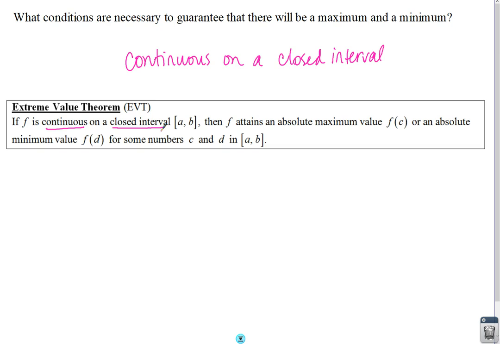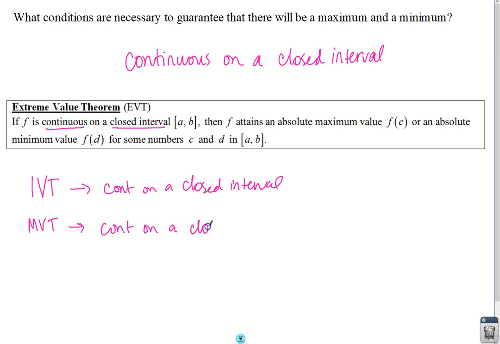What other value theorem had the same two conditions? Does anybody remember? That was our first one, the intermediate value theorem. Its conditions were it had to be continuous on a closed interval. And then we also had another one, MVT. It did have to be continuous on a closed interval. That was the first step, but it had an extra one.